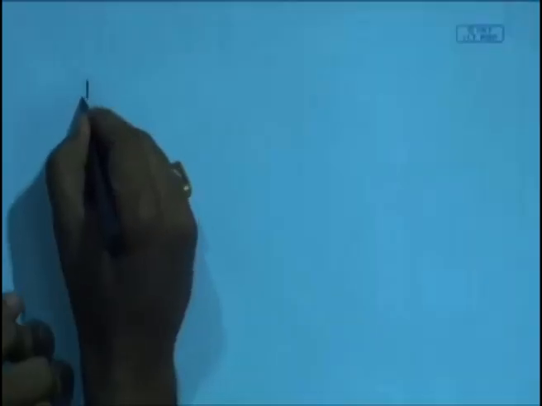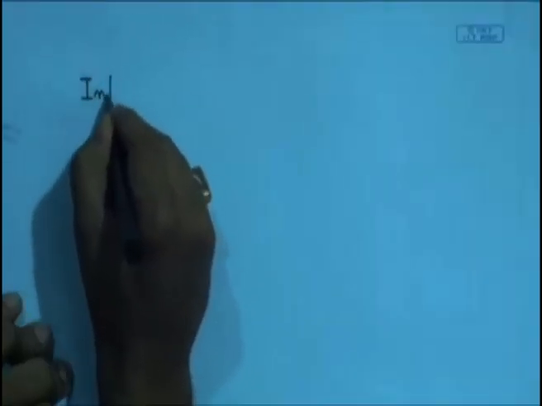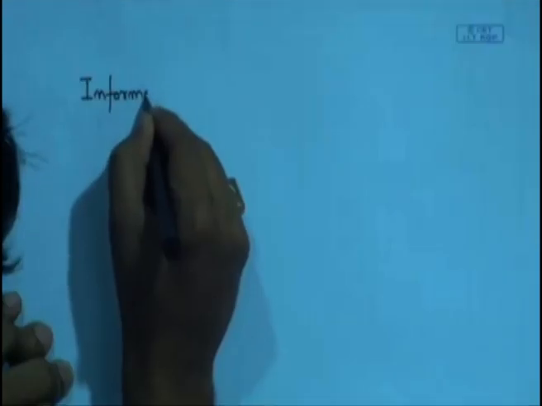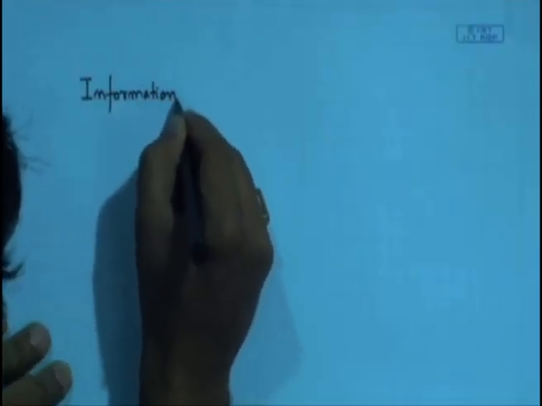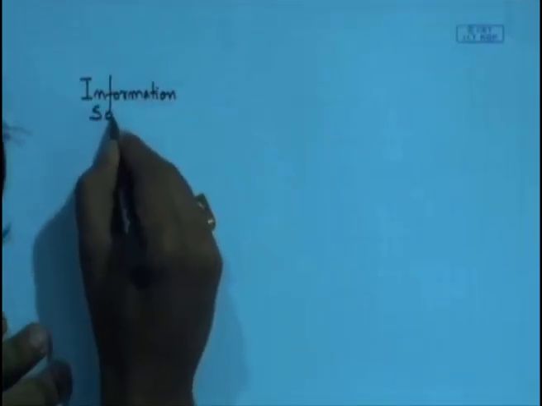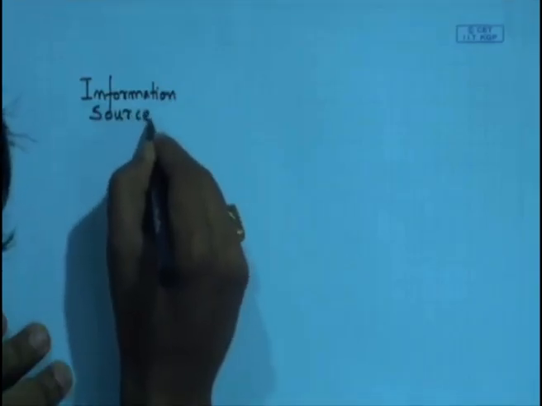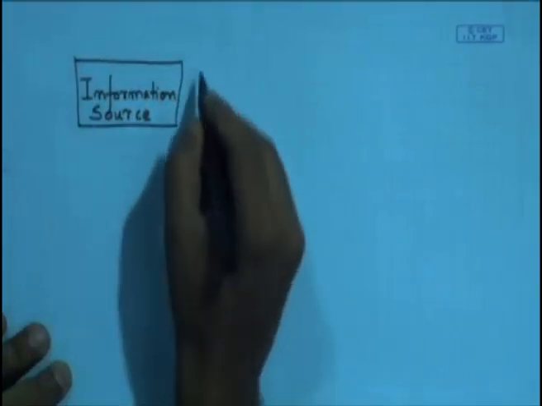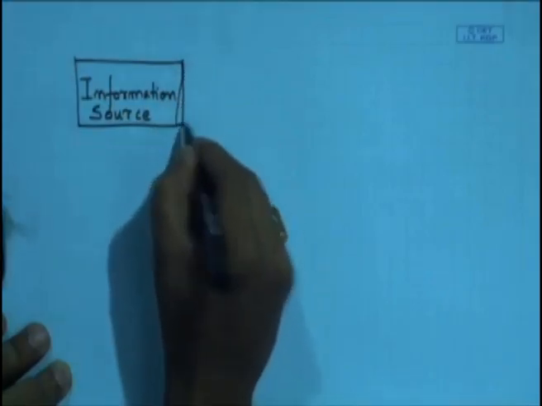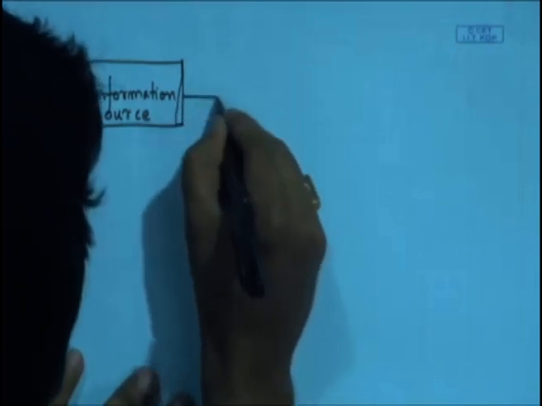What we mean is, suppose we have an information source, this could be analog or this could be digital. If it is analog, we will assume analog to digital conversion.